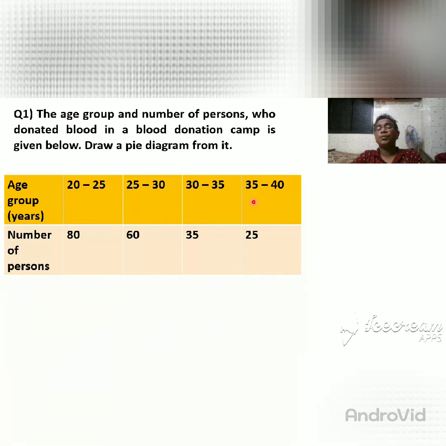Then 35 to 40, number of persons 25. Okay, so this is given.